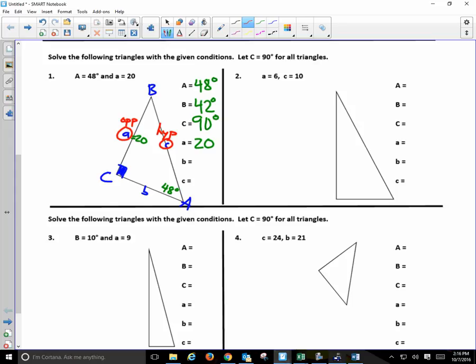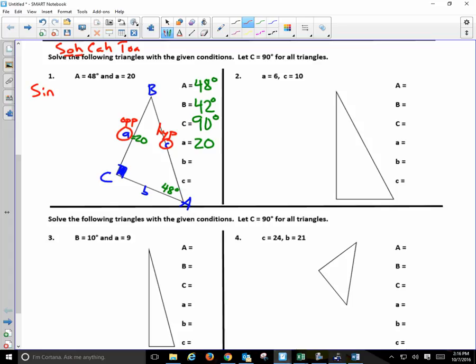So if I'm given the opposite and I want to find the hypotenuse, which of the three do I use? Sine, cosine, or tangent? Sohcahtoa. Opposite and hypotenuse means I will use sine.